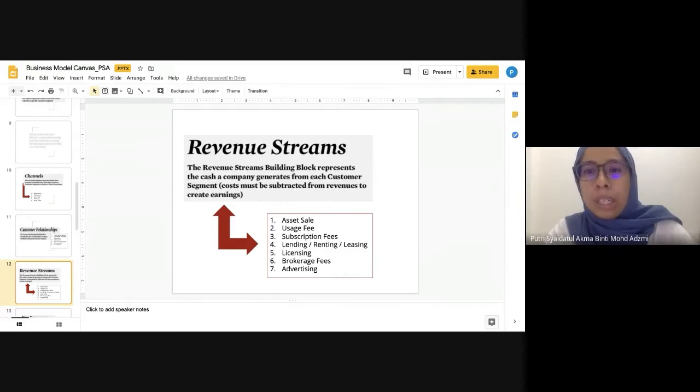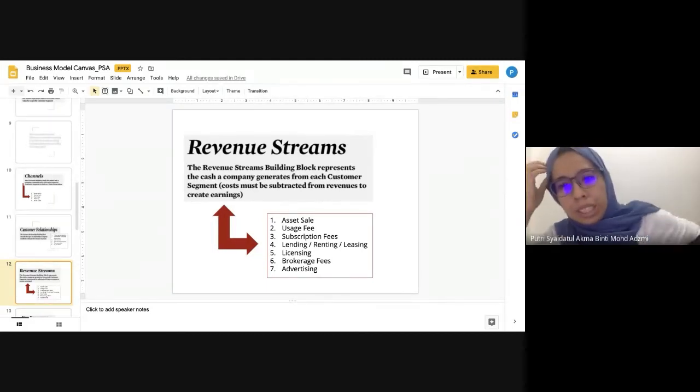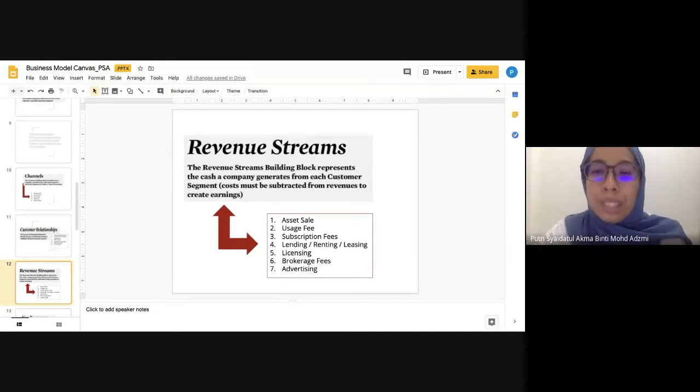At the moment, you also have a lot of lending, renting or leasing income, because people lease water filters, air filters, and even coffee machines. Licensing works more if you're on the creative side, using your IP. Mostly licensing fees come from music, movies, or TV series.